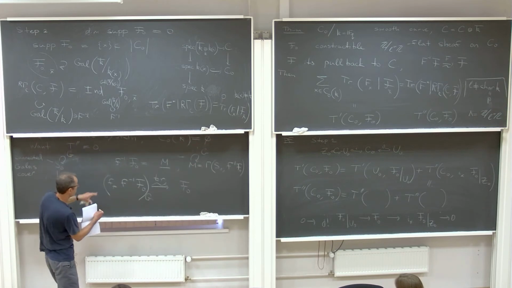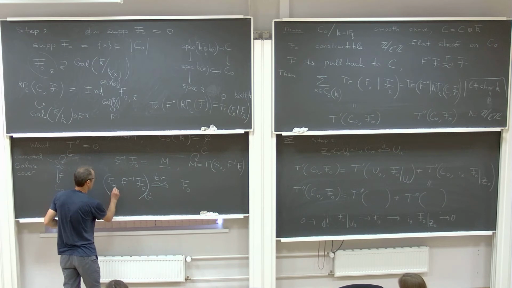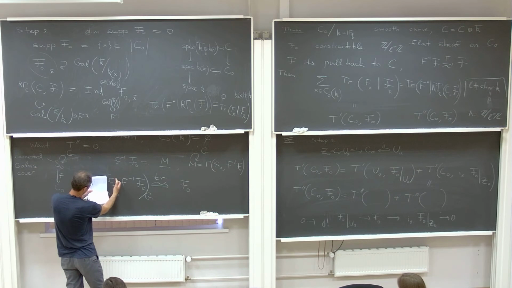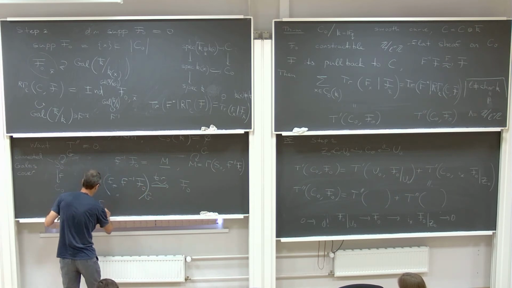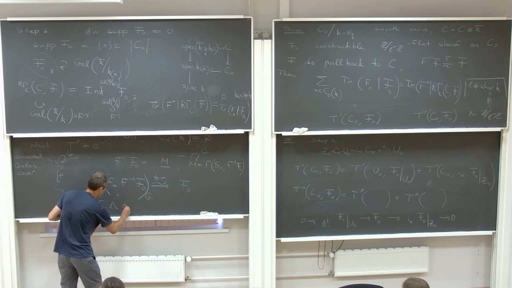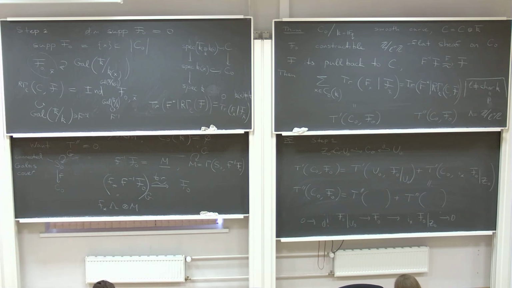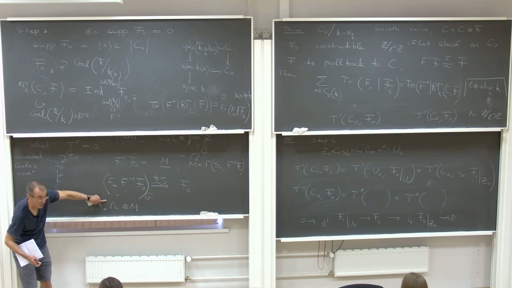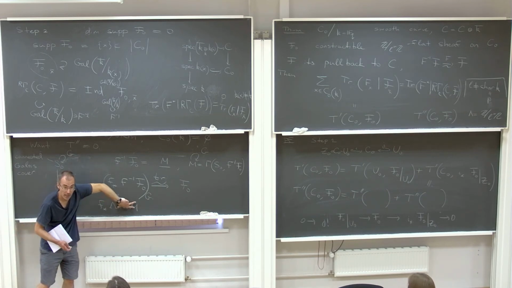But now I want to use the projection formula, right? That's a constant sheaf. So you take a direct image of a constant sheaf. So this is the same as taking the direct image of lambda, right? And then you tensor it with M. So the direct image of lambda has an action of G. This also has an action of G. So this has the diagonal action.